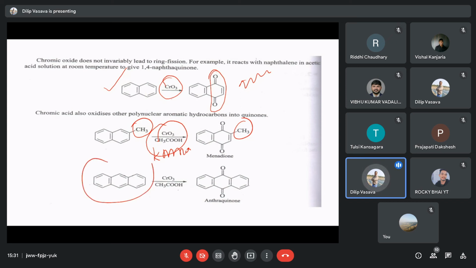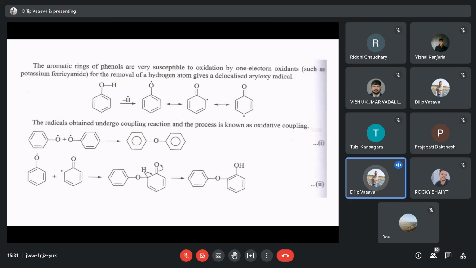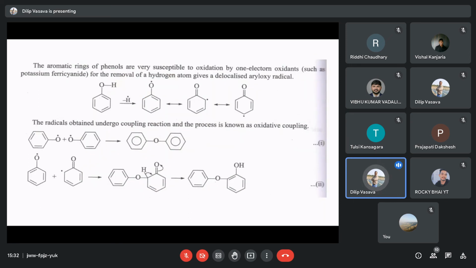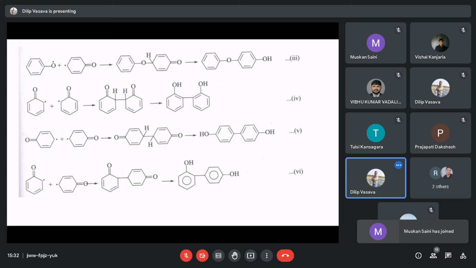When the hydrocarbon anthracene is taken, it gives anthraquinone. This mechanism is given just for your reference, showing how this formation takes place in the benzoquinone via the free radical procedure.